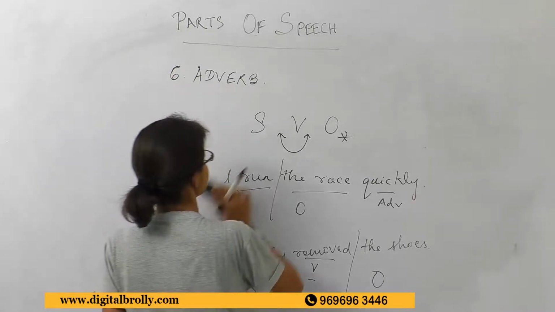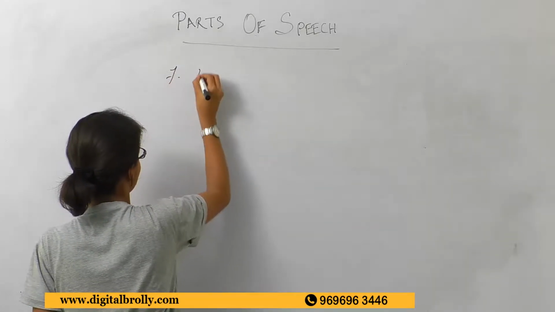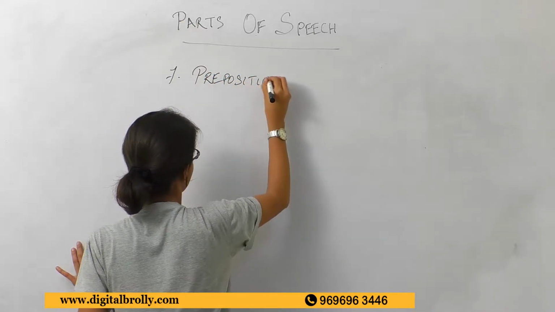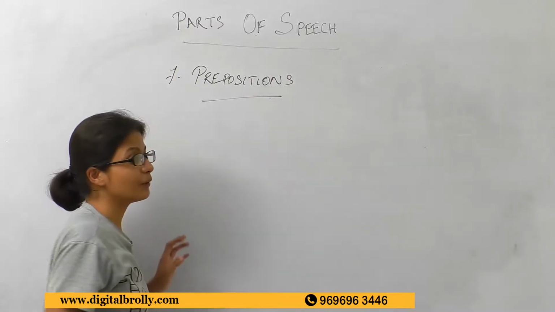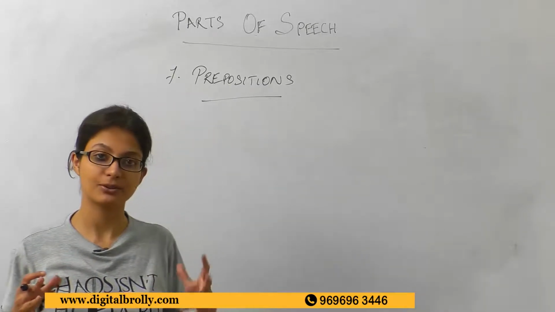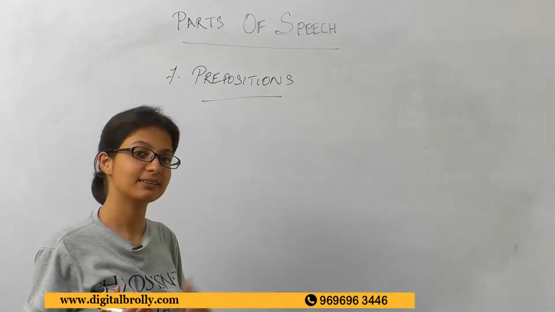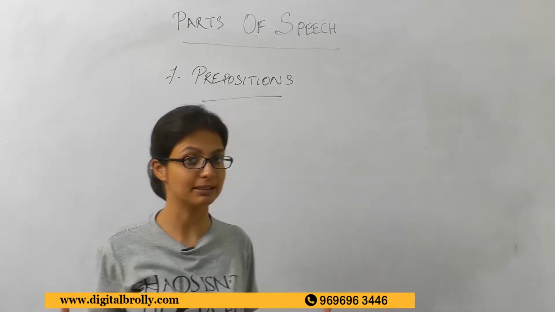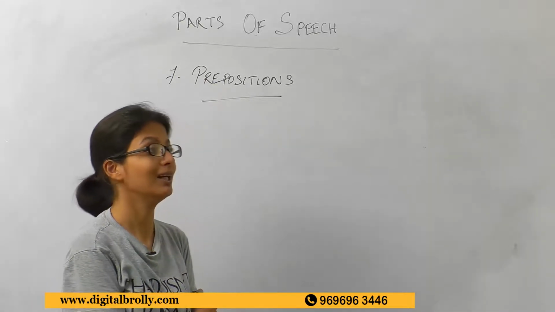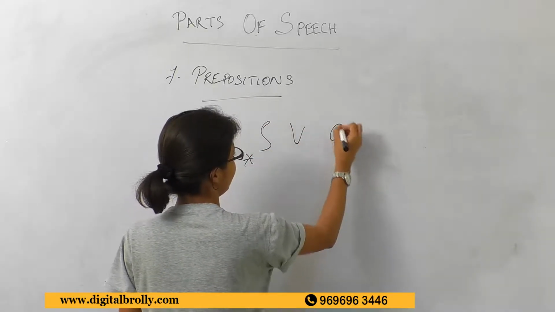Now going on to prepositions. As you already know, a preposition is prior to the appearance of a noun. For example, where are the nouns in a sentence? Either in the subject or in the object. Similarly, your prepositions appear only before the noun. So you have it either in the subject or in the object.